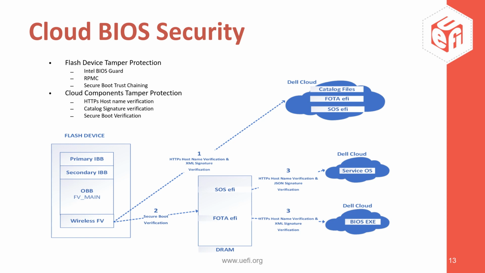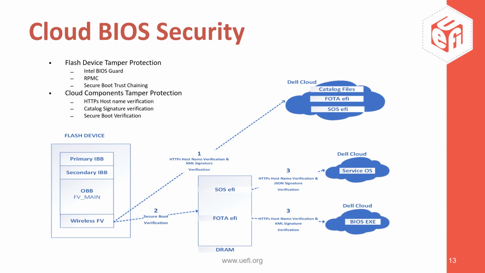RPMC creates a binding between the PCH and the flash device during the manufacturing process, and any replacements in the field will be detected and access restricted. So even if a new flash device is soldered onto the motherboard, the access is prevented through RPMC.